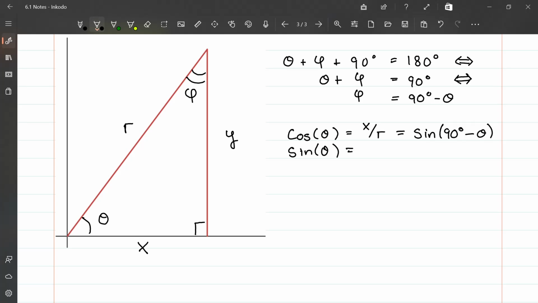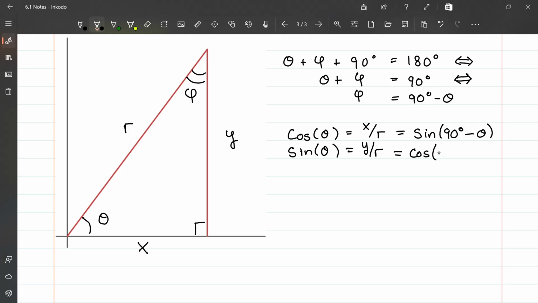If we were to start with sine, we could do a similar calculation. Based on what we know, sine of theta should be the side opposite divided by the hypotenuse, so y divided by r. How about from phi? Well, from the position of phi, if I want to get y over r, I should be doing cosine, the adjacent side to my angle divided by the hypotenuse.